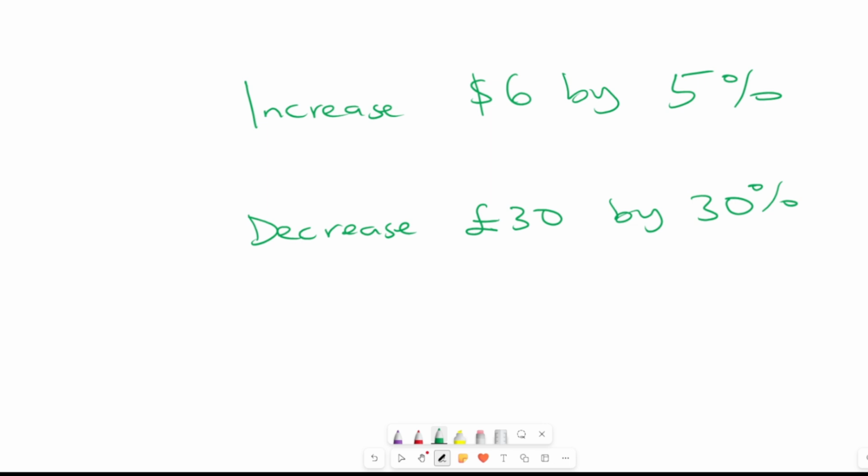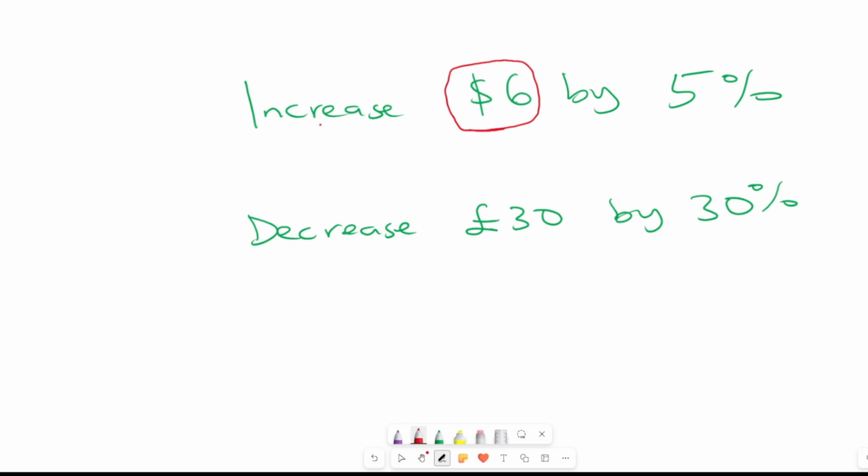How do we do this? Increase $6 by 5%. What this means is that your final answer should be more than $6. And I'm going to point out some mistakes that people make.